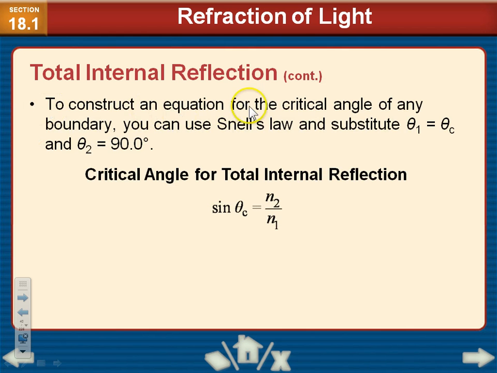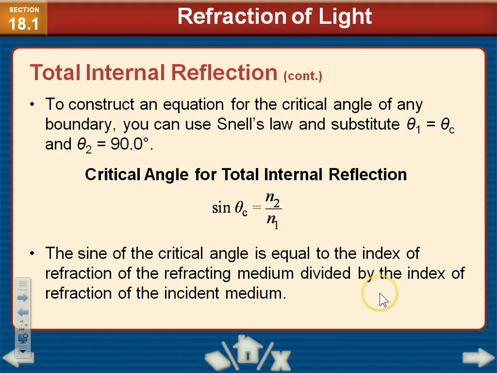So to construct an equation for the critical angle at any particular boundary, we're going to use Snell's law, and we're going to substitute in the critical angle. And so the sine of the critical angle is simply n2 over n1.